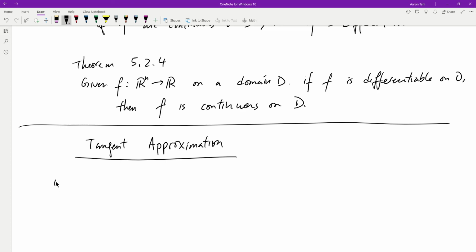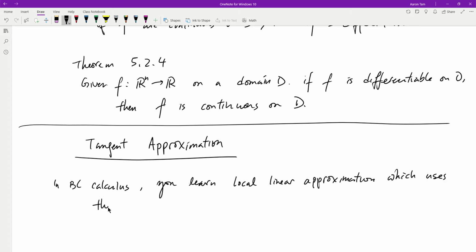And they are, in BC calculus, you learned something called the local linear approximation, which uses the tangent line at a certain point x sub 0 to approximate f of x near x sub 0.